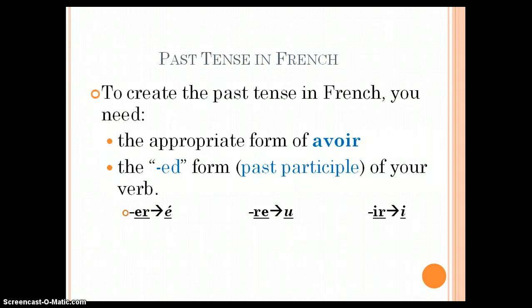So, just to review, to create the past tense in French, you need the appropriate form of avoir and the ed form or the past participle of your verb. The ed forms are different for er, re, and ir verbs. For er verbs, it's é. For re verbs, it's u. For ir verbs, it's i.